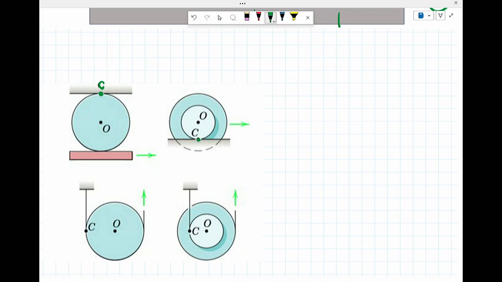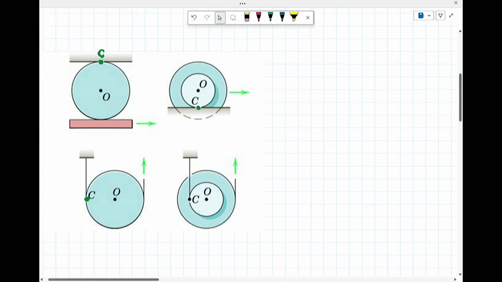With a spool, it's here, and with an object attached to a cord and it's dropping in space or rising in space, again, same sort of thing. This point right here is a zero velocity, and this is a zero velocity. So you're going to see a lot of problems in this course where you deal with zero velocity or zero slip conditions. And this is one thing that you really should keep in mind as you're looking at these problems.